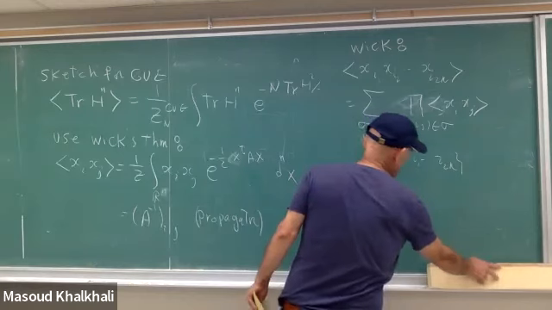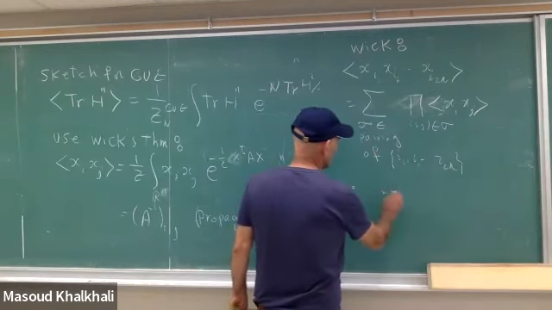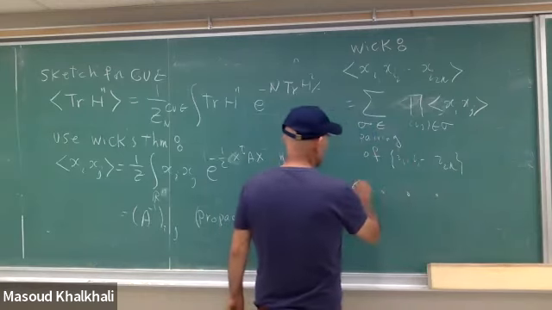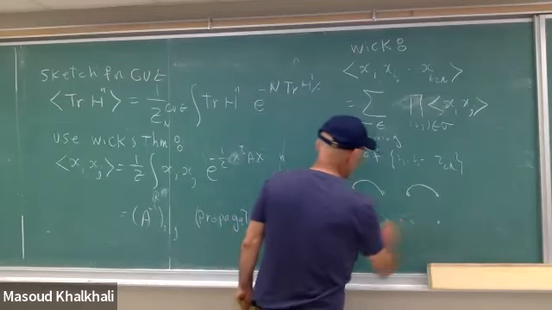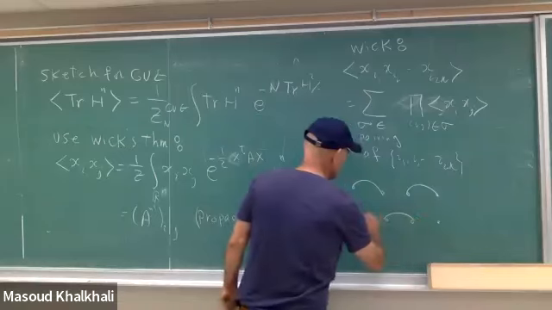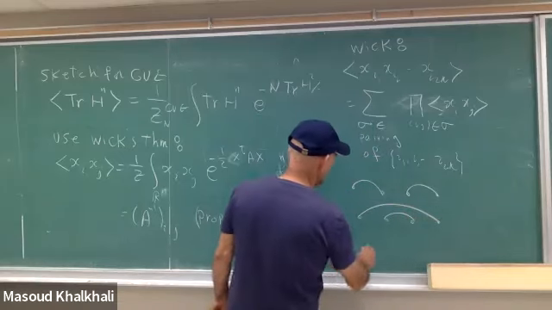Imagine you have 4 of those. So this is one pairing. You can define another pairing, which would be these two. And there is another pairing.